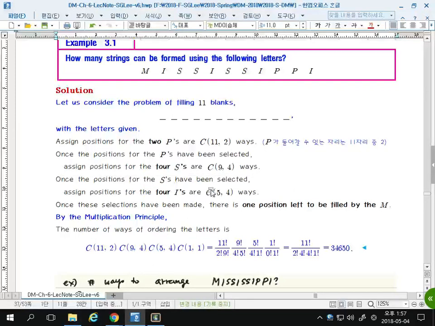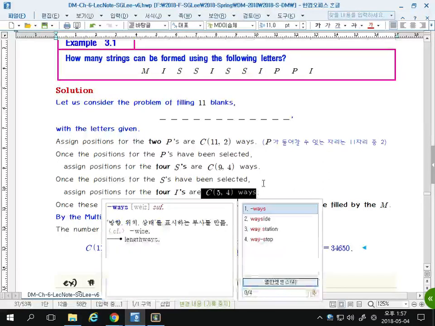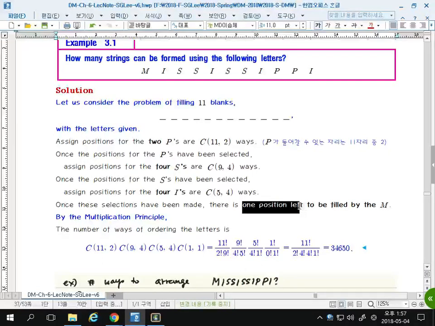Then we have 5 positions left, and we have 4 I's: 1, 2, 3, 4. So we have 5 choose 4 ways to fill the 4 I's in 5 empty spots. Then we only have one position left to be filled with the letter M. That is one case.